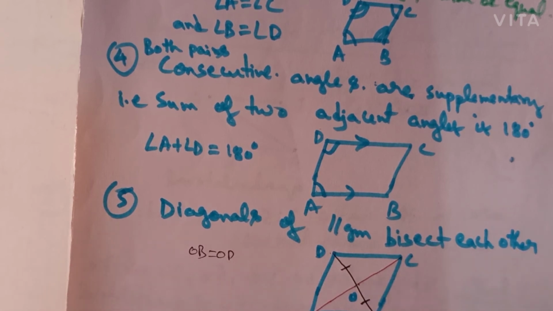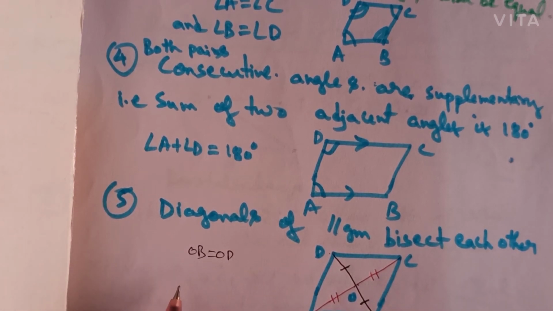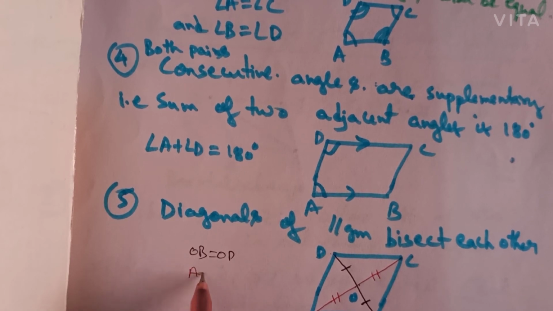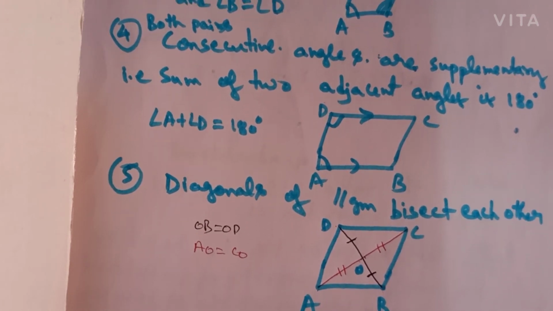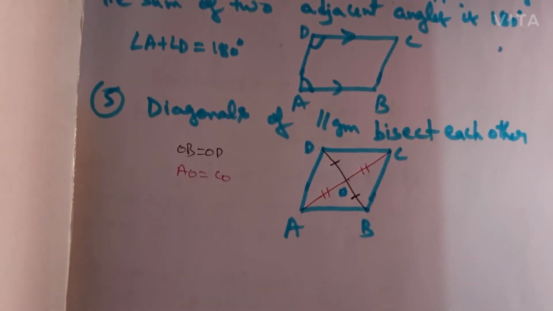And similar is the case with diagonal AC. Diagonal AC will be bisected by diagonal BD. That is, AO will be equal to CO. BD will divide diagonal AC into two equal halves. Okay, this is property number 5. The diagonals of a parallelogram bisect each other.